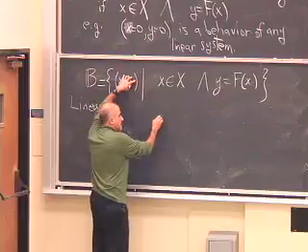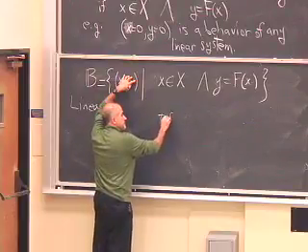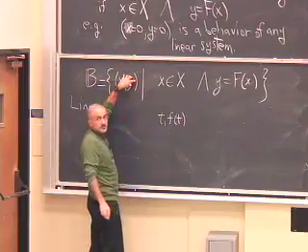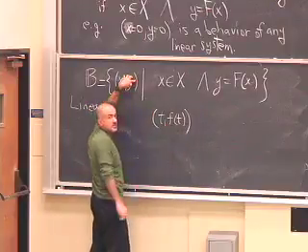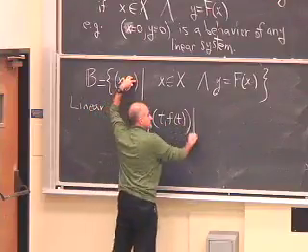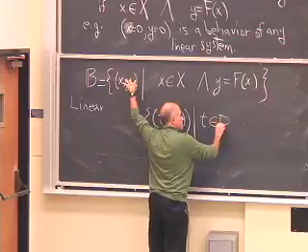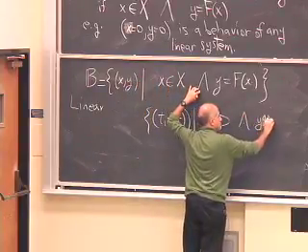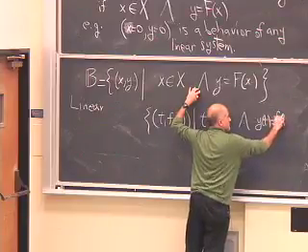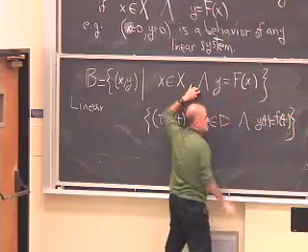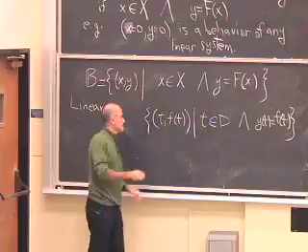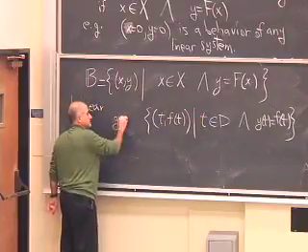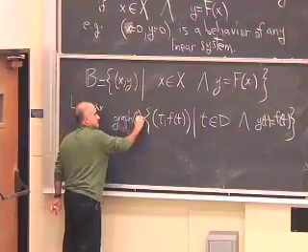So in a graph of a function, you had t, f of t, right? That was an ordered pair. And the set of all these, t was in the domain, and y of t equals f of t was in the range. This was the graph of f.